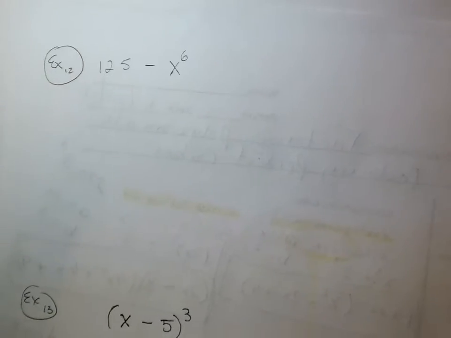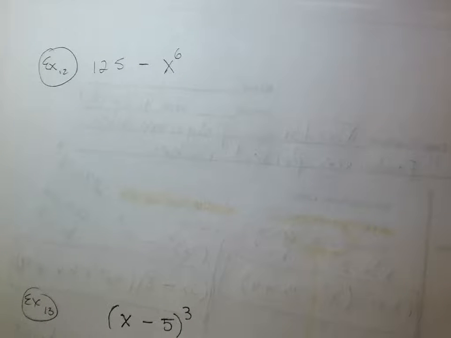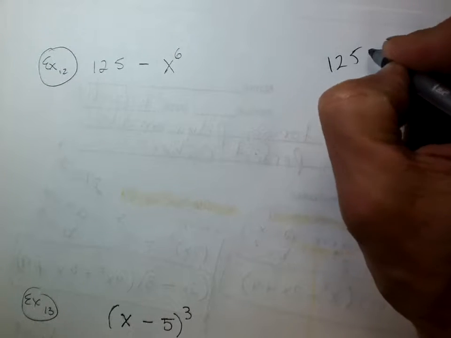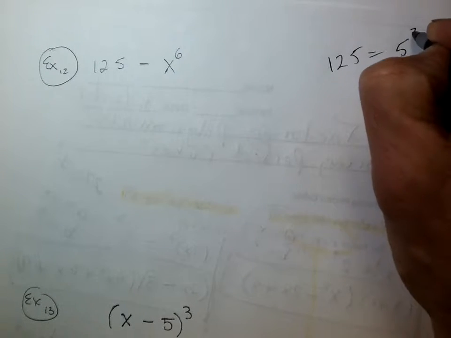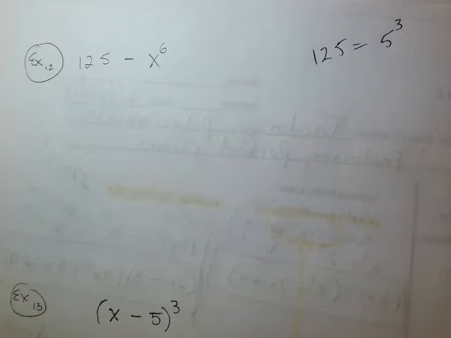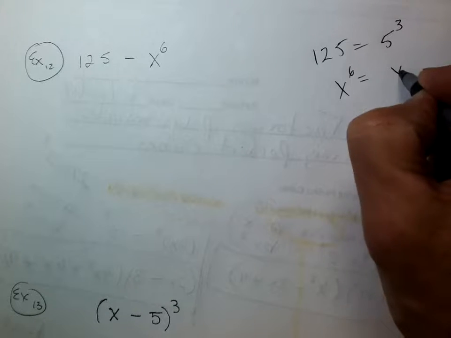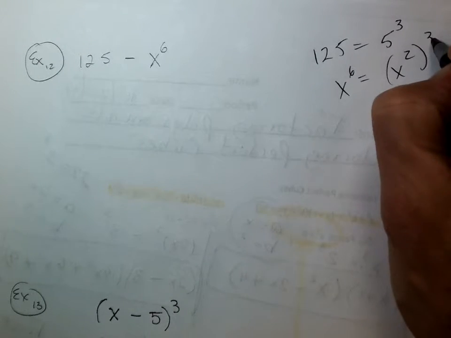All right. Example 12. Well, it could be a perfect cube, couldn't it? I think 125 is 5 cubed, 5 times 5 times 5. So the first thing we have to do is make some cubes. 5 cubed is 125, and I know that x to the 6 is the same thing as x squared cubed.